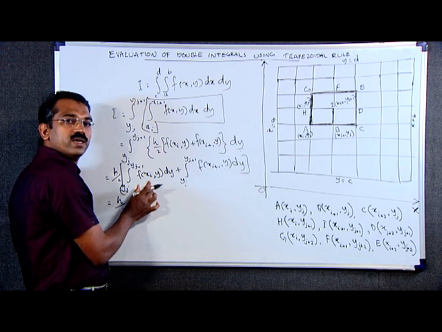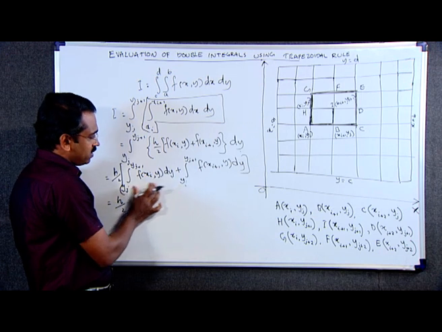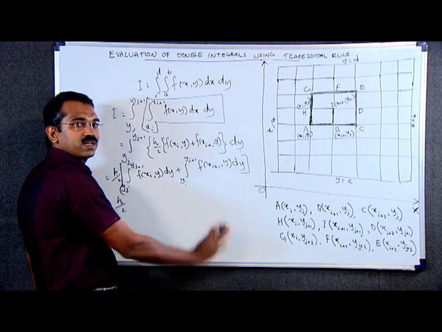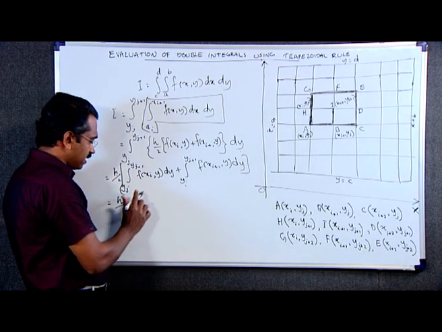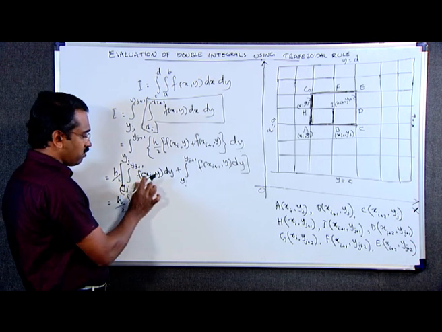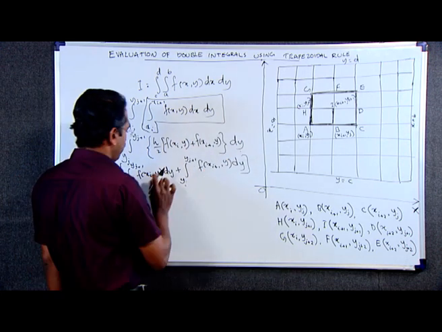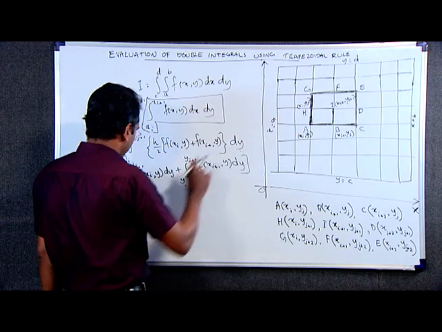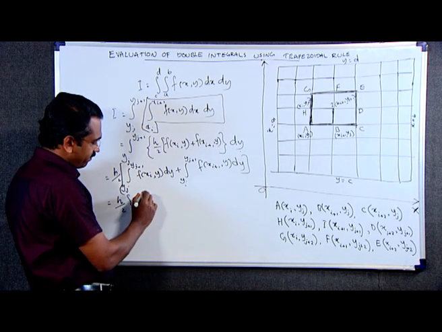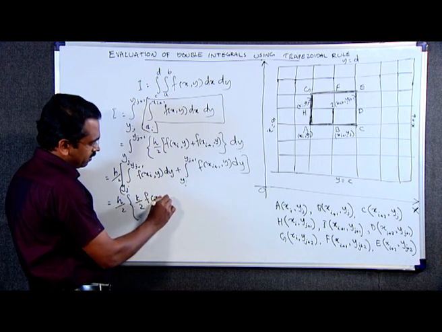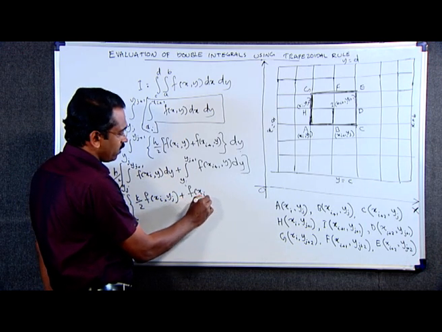now we apply the trapezoidal rule for this first integral and then for this second integral also. From this we can write, h by 2 is common, the value of this integral is k by 2 into, here the length of the interval is k, therefore, k by 2 into f of xi yj plus f of xi yj plus 1.